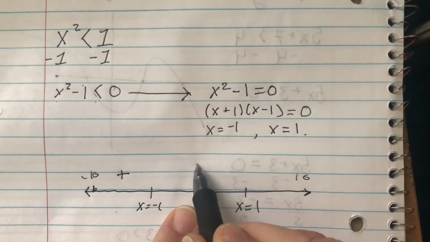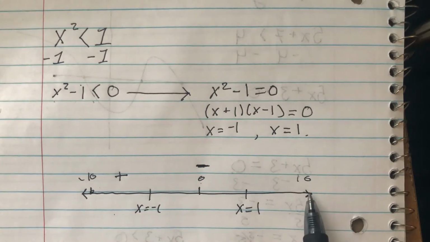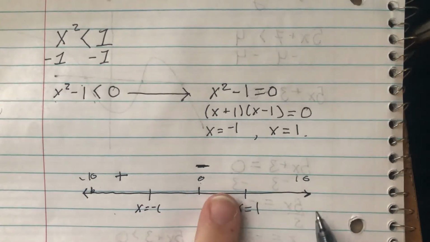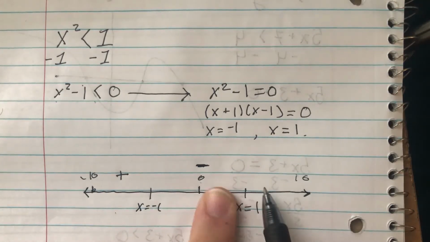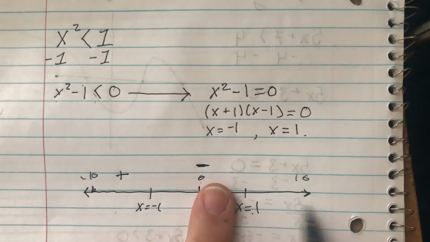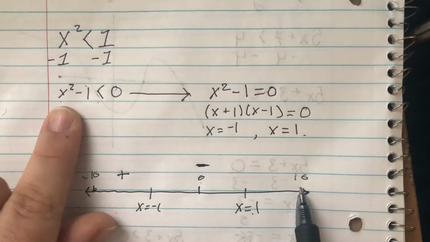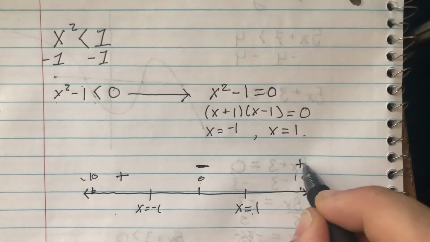So in this interval, we're going to have a negative number. And then I'm going to choose 10. Again, it doesn't matter that I picked 10. You can pick 5, 2, 1.5, as long as it's in this section of the number line. 10 squared is 100. 100 minus 1 is 99. So this is going to be a positive.